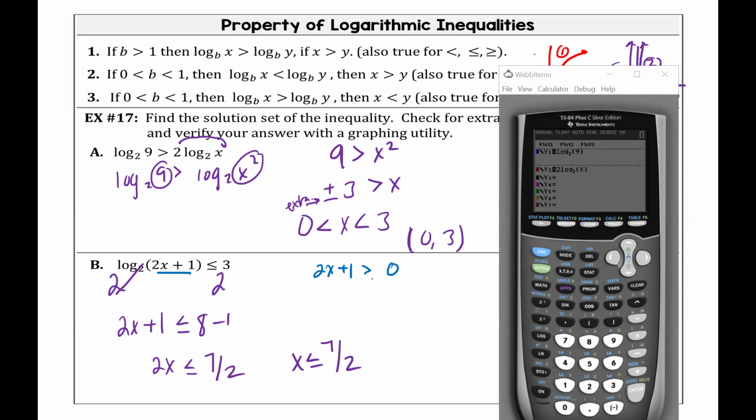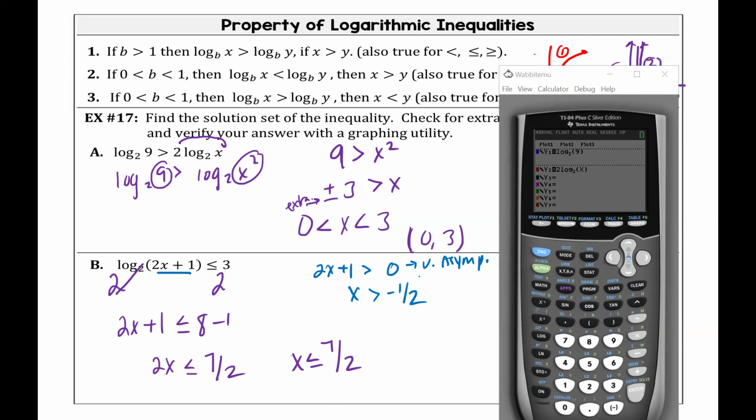And therefore, when I solve this, we get that x is greater than -1/2. Okay. And this is because of the vertical asymptote. I guess I should have pointed that out here, but I didn't. My bad. It's on me.